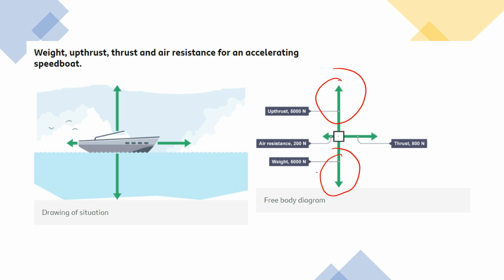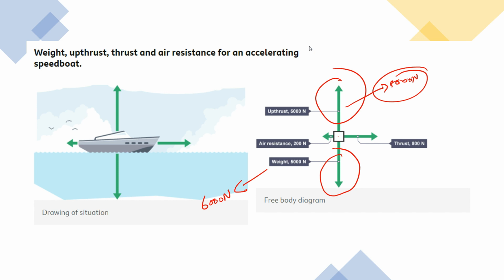If, let's say, the weight would have been 6,000 newtons but the upthrust is 5,000 newtons, then the object would sink beneath the water. Now the upthrust is the force which makes the object float on the water.